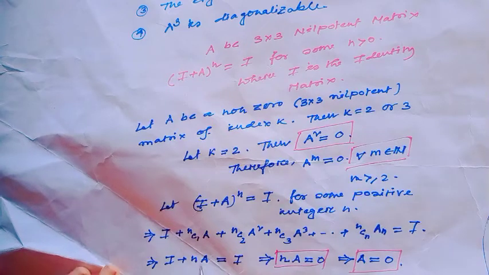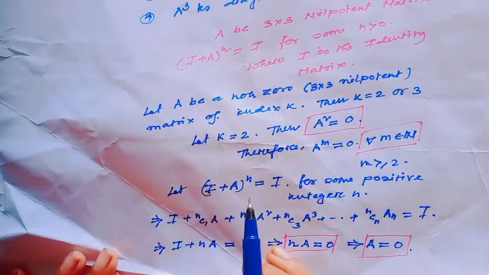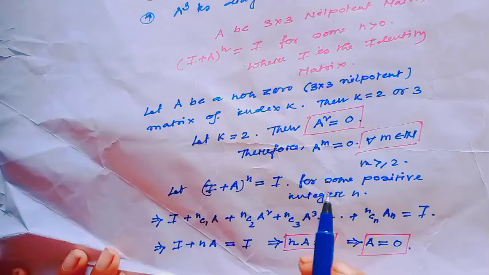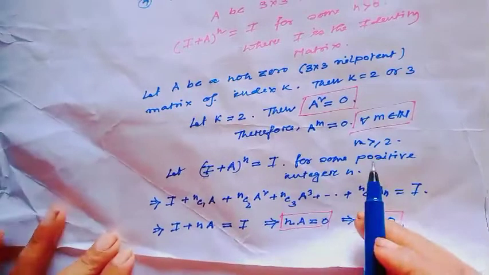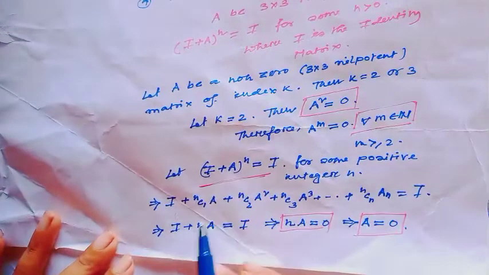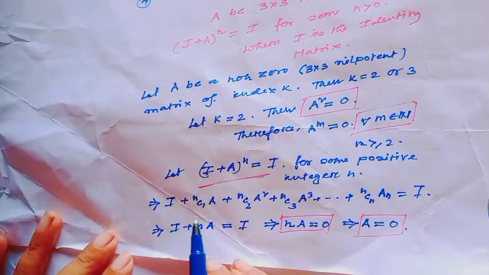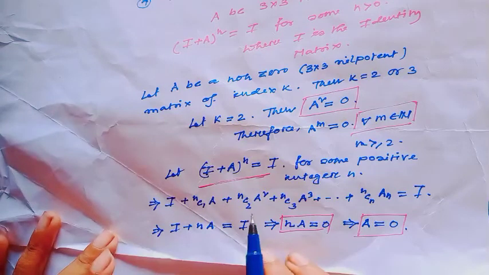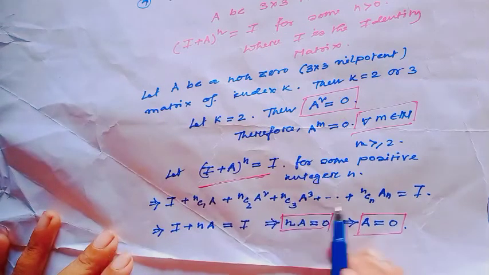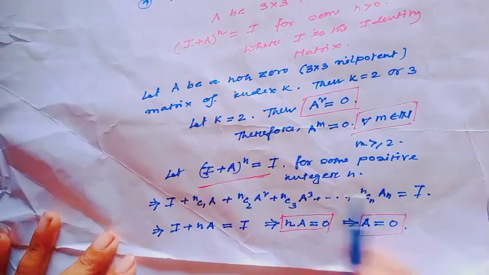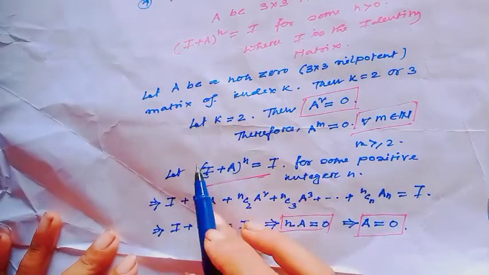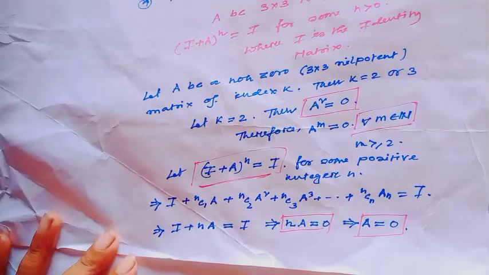And consider I plus A to the power n equal to I, for some positive integer n. By the binomial theorem, this means I plus nC1 A plus nC2 A square up to nCn A to the power n, we all know this is equal to I, because I have considered this equal to I.